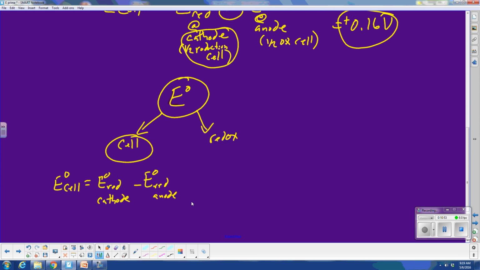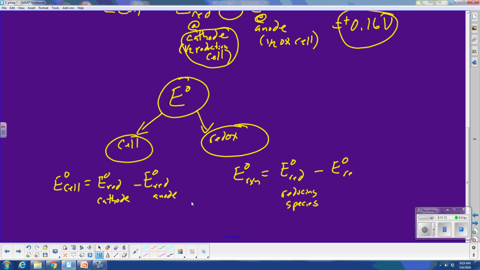All right. Now, how do we do it for a normal redox reaction? Well, the standard potential for the reaction will be equal to the standard reduction potential of my reducing species minus the standard reduction potential of my oxidizing species.